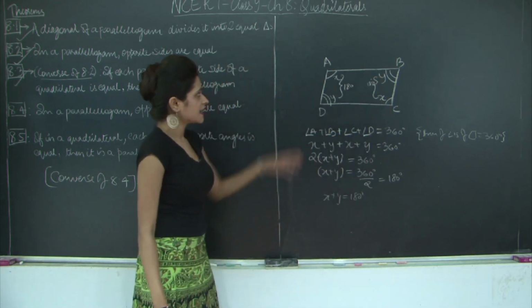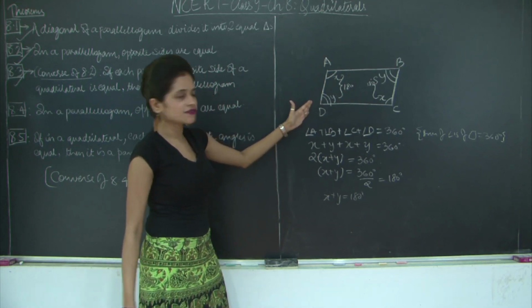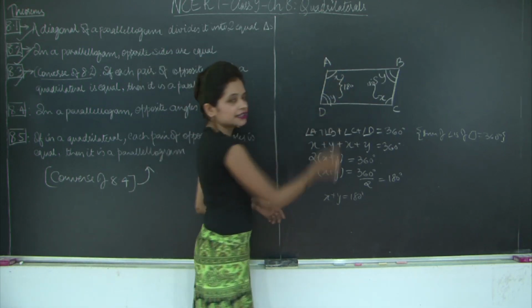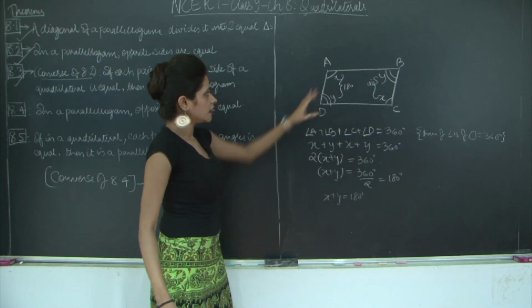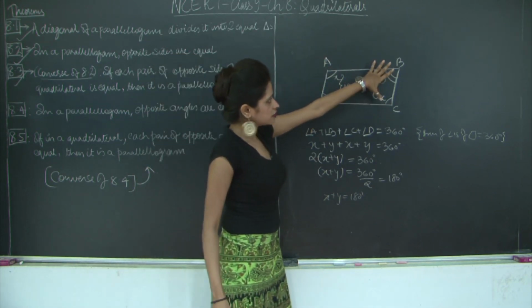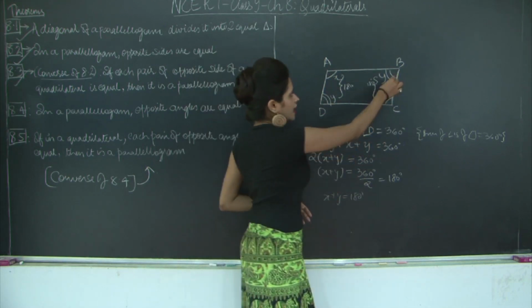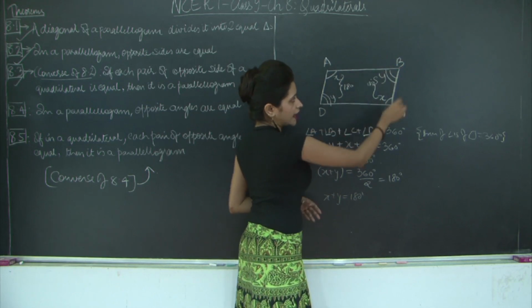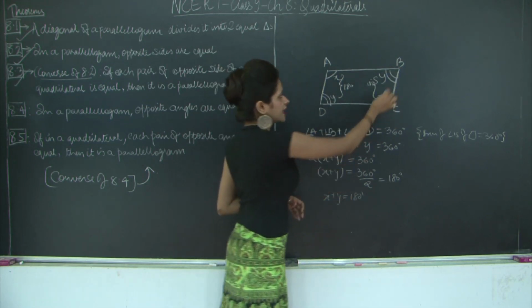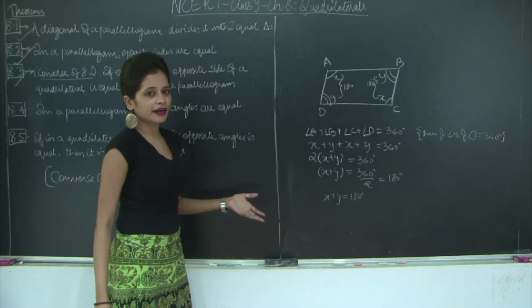But if you notice that if AB and CD are my lines and AD is the transversal, then angle A and angle D form interior angles on the same side of the transversal. Also, I have AB and CD as two lines, and if BC is my transversal, then angle B plus angle C are the interior angles on the same side of my transversal.